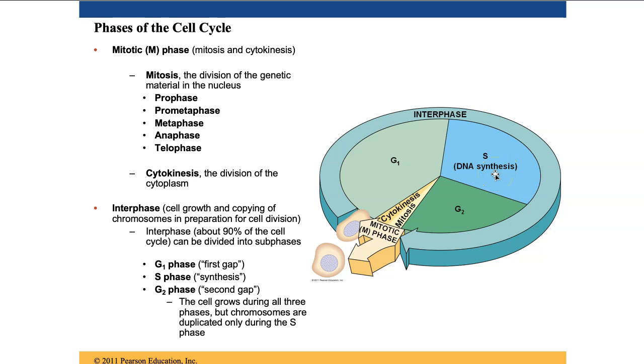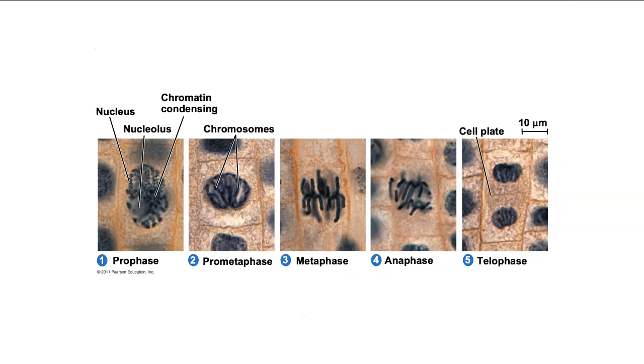This is DNA synthesis. So if the cell cycle is the cycle at which the cell is living, 90% of the time it's in interphase, and then for 10% of the time it goes through its mitotic phase where the genetic material organizes, it condenses, it organizes itself across the metaphase plate, and it separates into two new distinct cells.